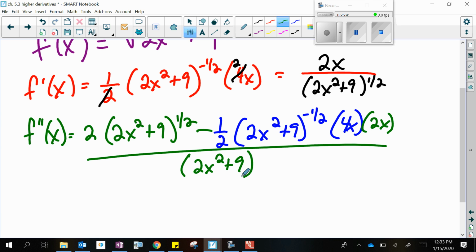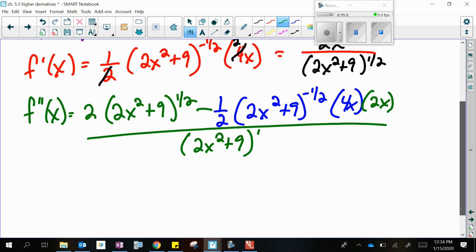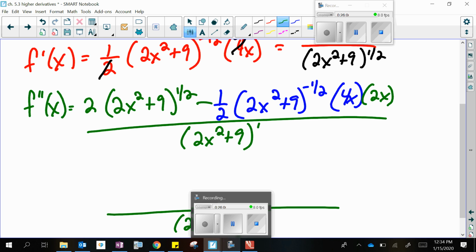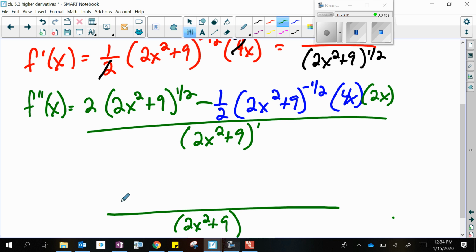So squaring the bottom just makes it a 1, right? Okay. Everybody good so far? All right. Now, though, we've still got this 2x squared plus 9 to the first. When we simplify the numerator, we get 2 times 2x squared plus 9 to the 1/2.